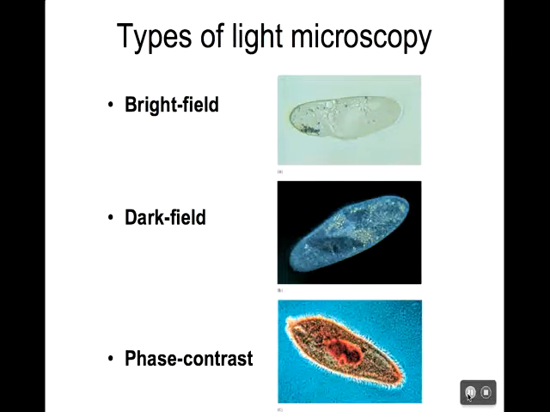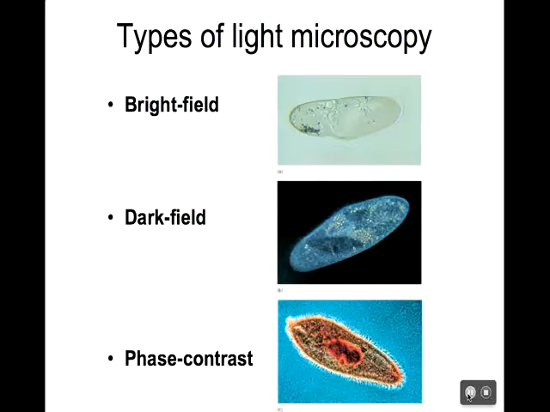Dark field microscopy is more or less the same. There's just one extra lens system added into that microscope. In dark field microscopy, they're using what's called a stop condenser. The stop condenser blocks direct light and only allows refracted light to be seen.